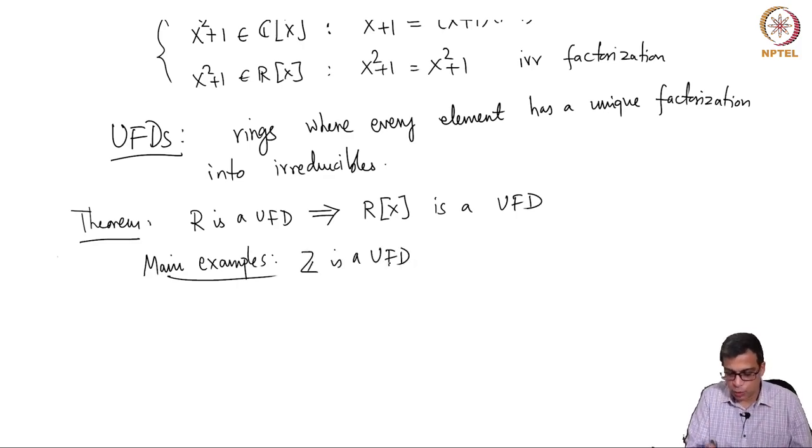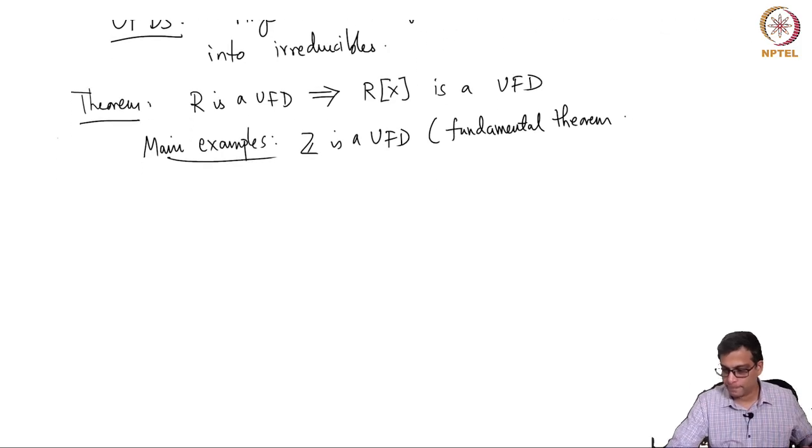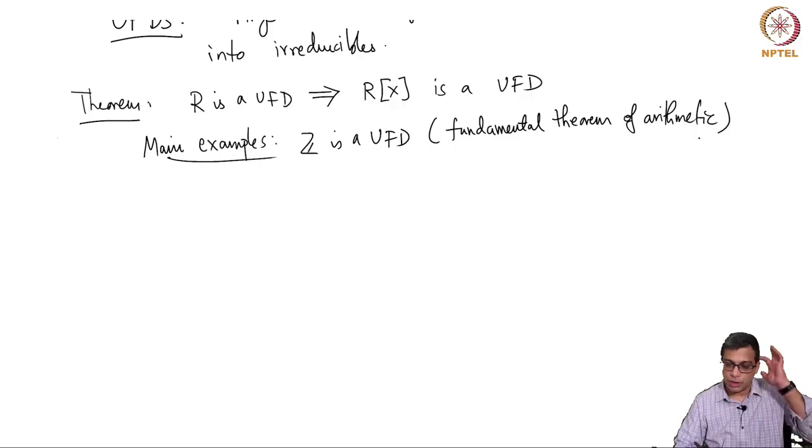This is a statement that you learn in school essentially, the fundamental theorem of arithmetic. Every integer can be written as a product of prime numbers in a unique way.